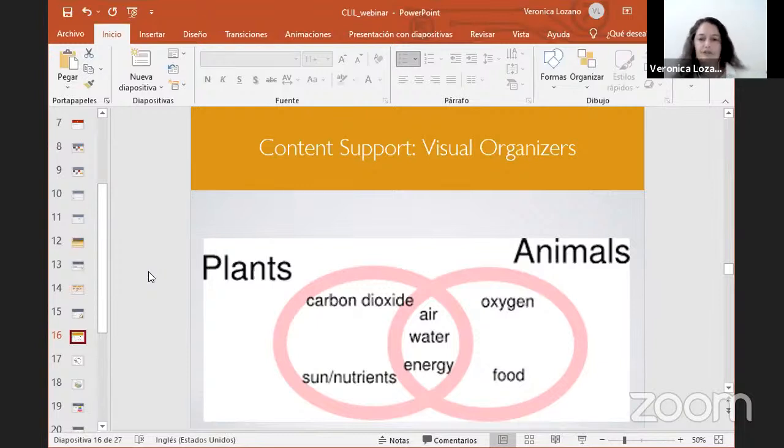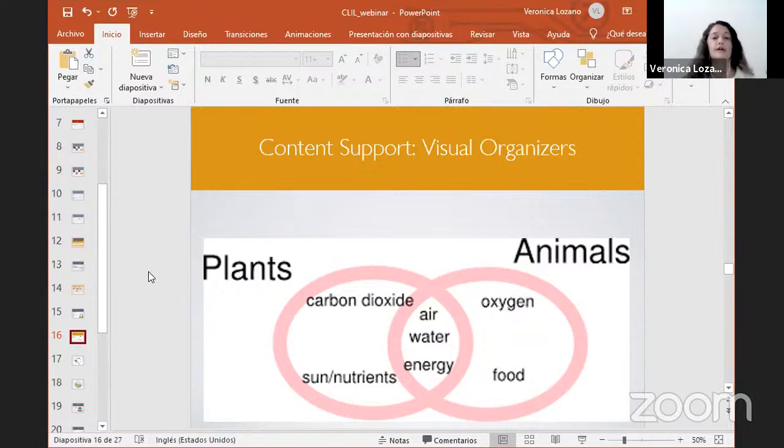And it helps you what? Venn diagram, we use it to focus on what? To identify what? Okay. So we use this for things in common between two topics.